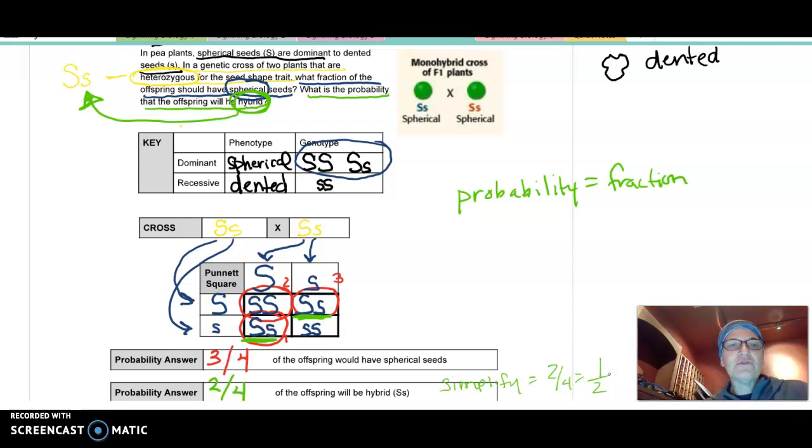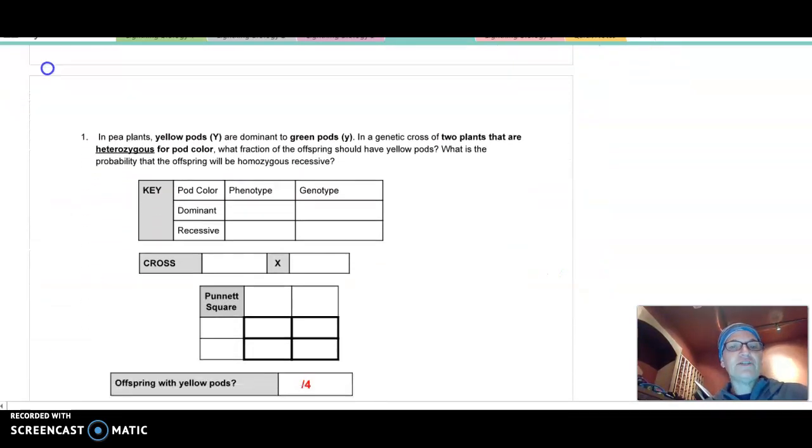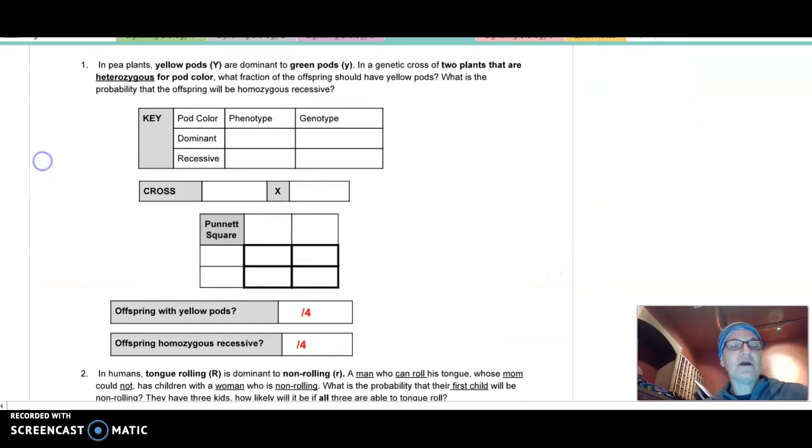Okay, let's take a real quick look at the next two questions that you are going to actually answer on your own, but you can always reference back to this because they're set up pretty much the same. So the first question is going to talk about in pea plants again. But in pea plants, and we'll go through and highlight a few of these things. In pea plants, the yellow pod, so here's the yellow pod, and they're dominant, okay, to the green pod, and green pod is recessive.